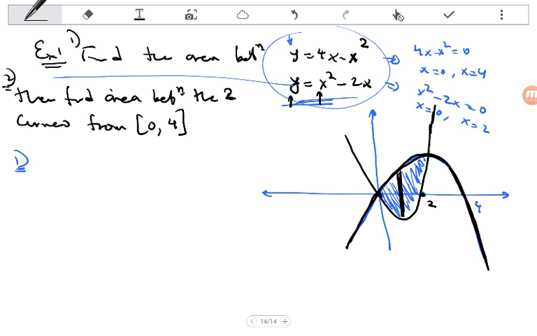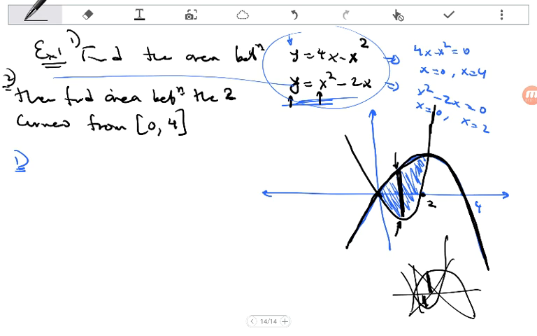Now remember, the strip has one end on a curve and the other end on the other curve. It is not related to the axes. Why? Because some students make a strip like this and maybe some other strip like this. No, I don't consider the problem in this way.